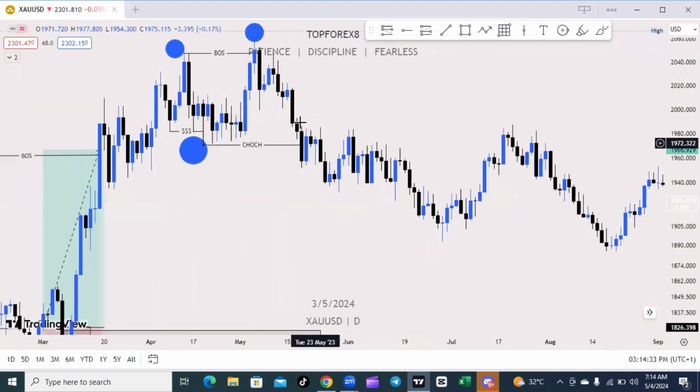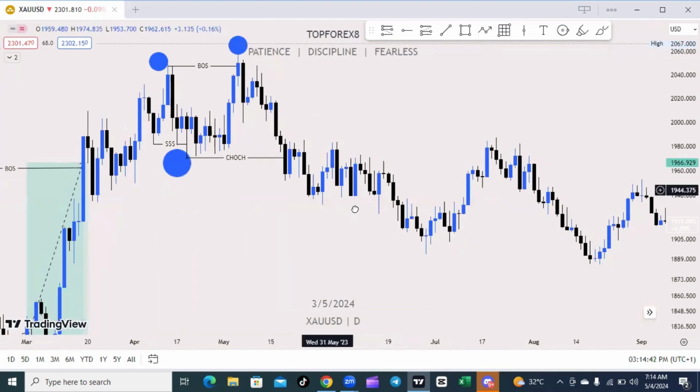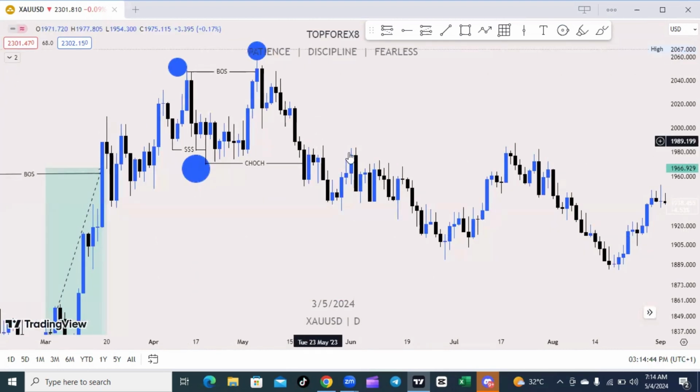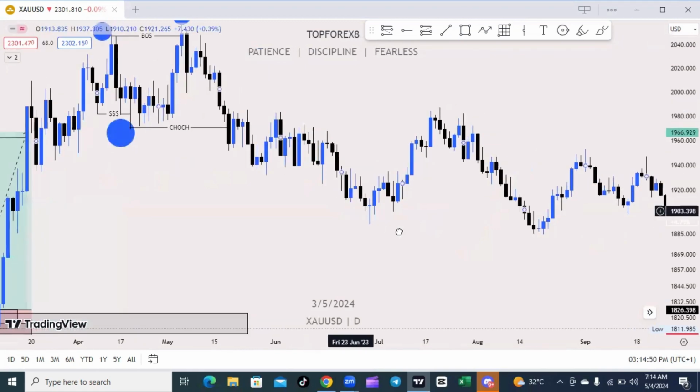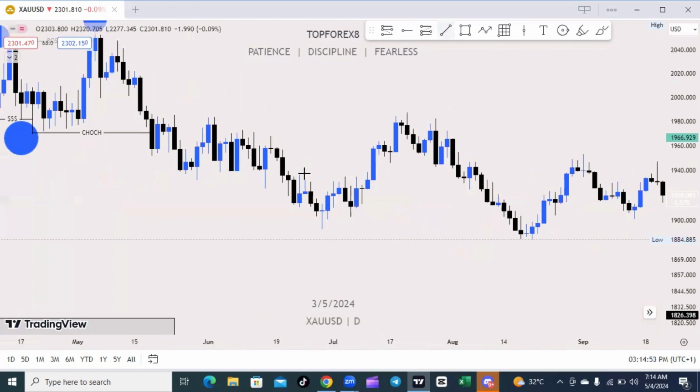You can see market makes this down and that up, down, up. So since now there's no pullback that's been taken, like our inducement, and there's no break of structure yet, we have this low. Okay, good.